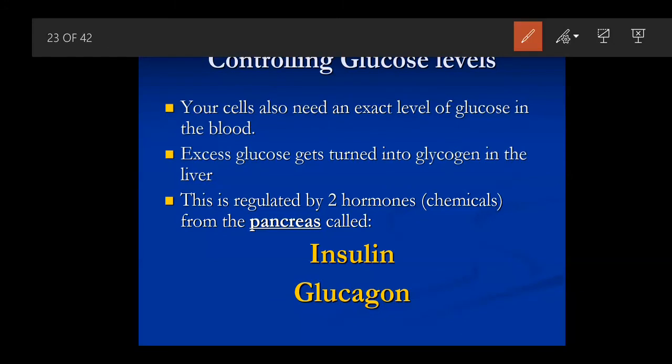Now, they are produced in the pancreas, but they must work in the liver. So they must be transported from their site of production to their target organs.